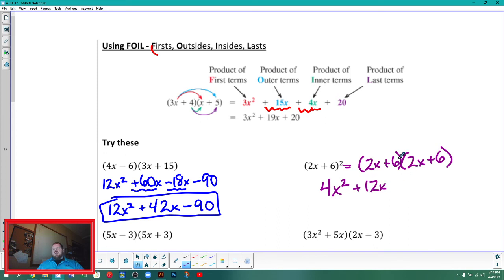And there's an x. Insides, 6 times 2 is 12. And there's an x. And last, 6 times 6 is 36. Combine the inner two that are like terms. We get 4x squared plus 24x plus 36.